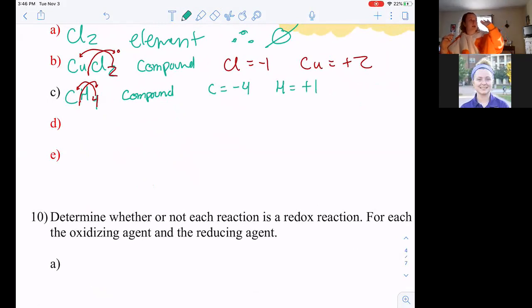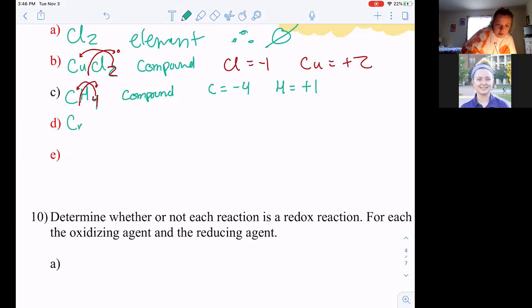Think about how many moves you have to make to get near the noble gases. If you're on the far left, it's easier to go to the left and up to get to your nearest noble gas. That means it's a plus charge. For carbon, it's faster to go straight to the right. That's a negative charge. It needs electrons. On the left side, you can get rid of these electrons. You don't need them. That's a good way to explain it, at least in my opinion.